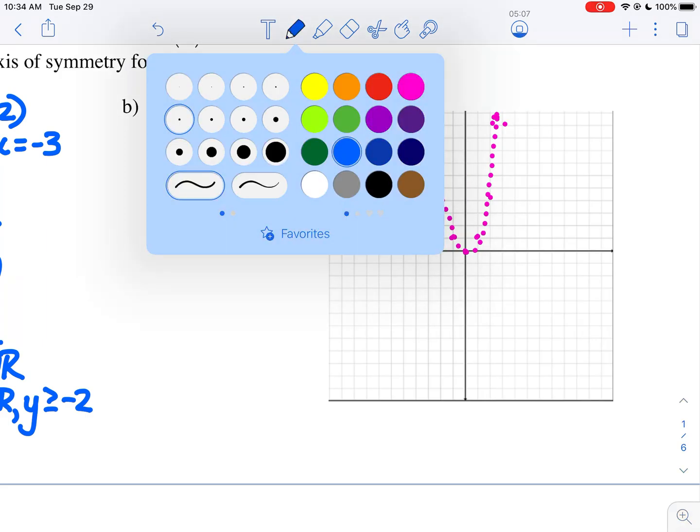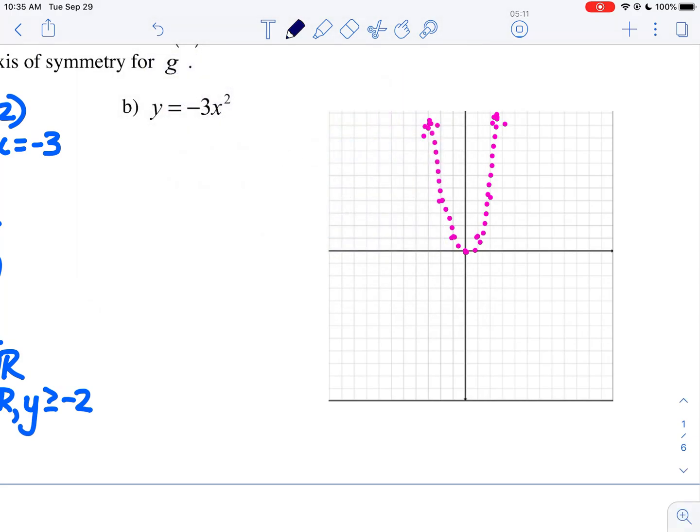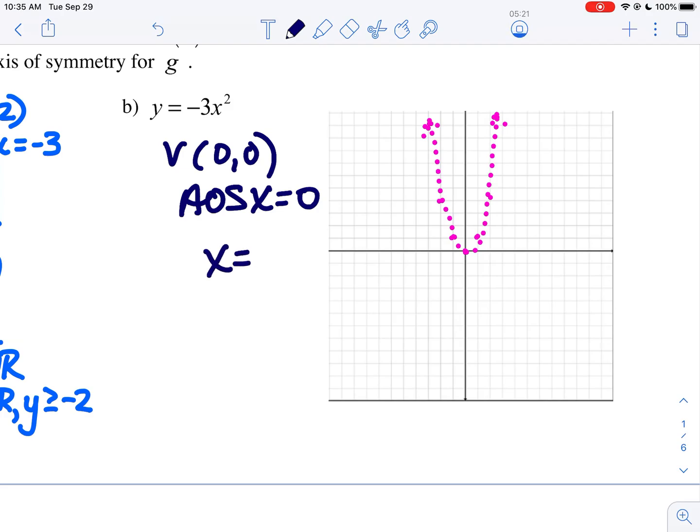Okay, and then I will change colors. So this one has a vertex of 0, 0. So the axis of symmetry is x equals 0. Then let's just pick, if I pick x is 1, y would be -3. And then you can use symmetry to get -1, -3.